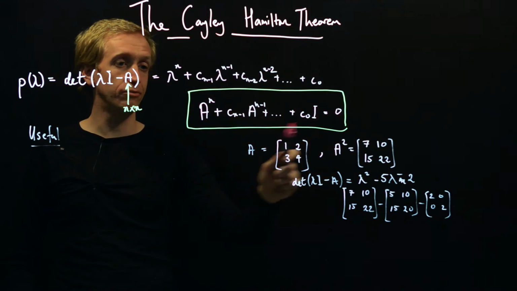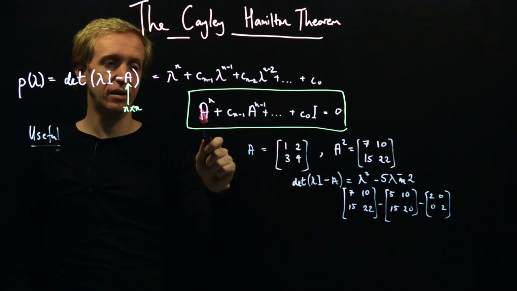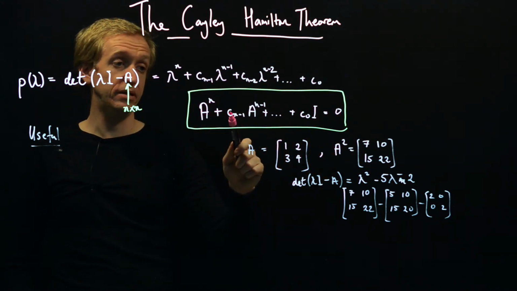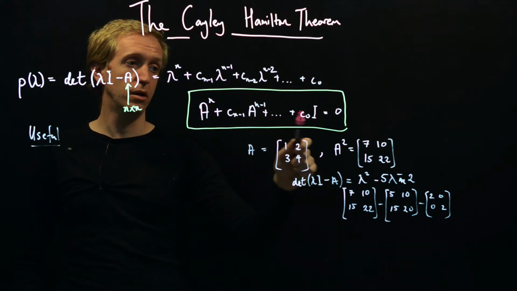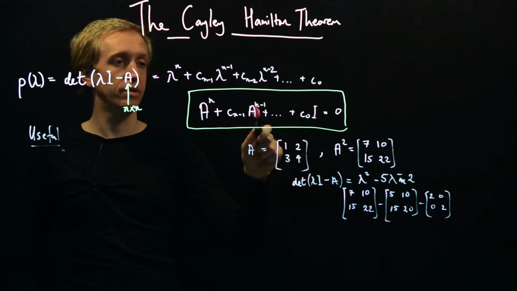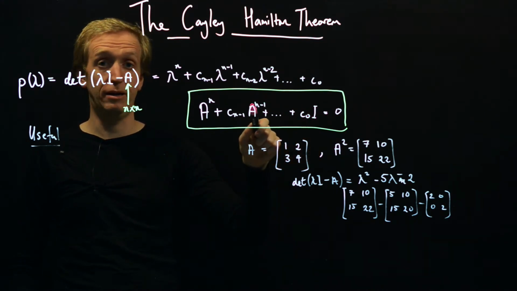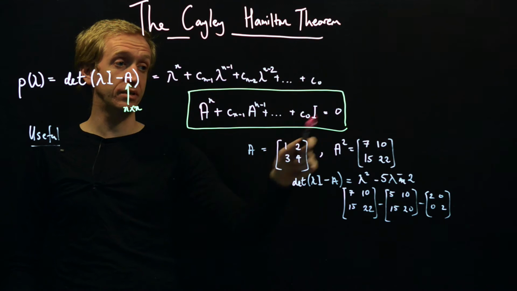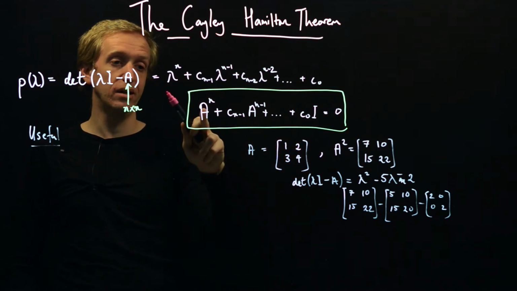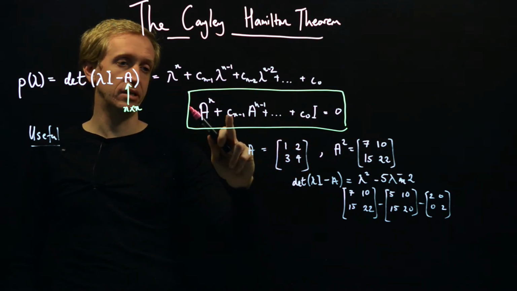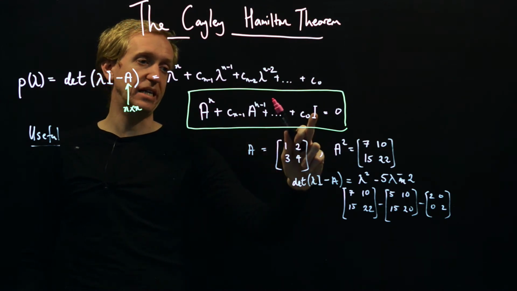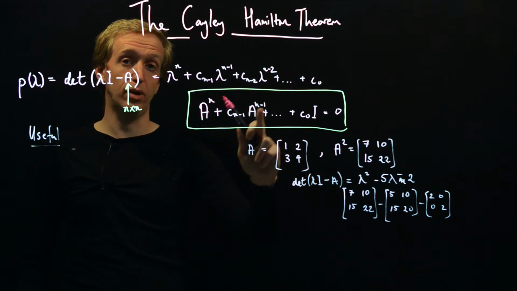One way to read this equation is that A to the power of n is equal to some sum of powers involving the matrix to the power 0 through to the power of n minus 1. So the Cayley Hamilton theorem lets you rewrite A to the n in terms of A to the 0 through to A to the n minus 1.